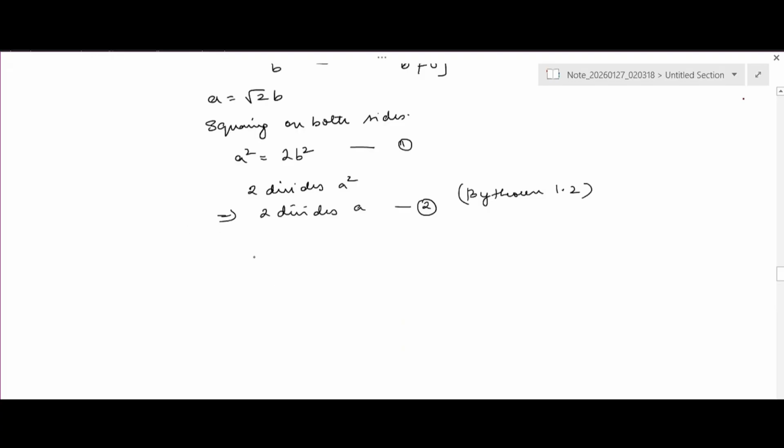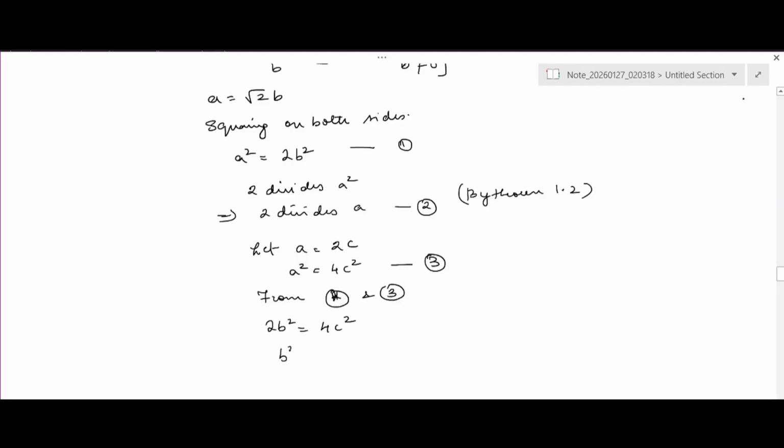Now let a be equal to 2c. So a squared is equal to 4c squared. So this is 3. From 1 and 3, 2b squared is equal to 4c squared.